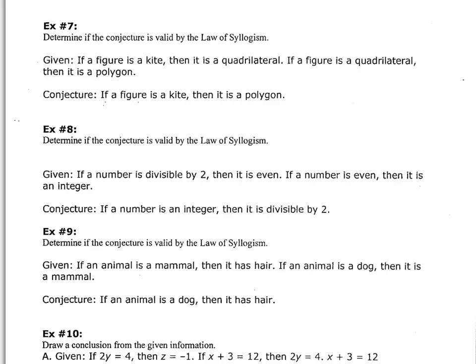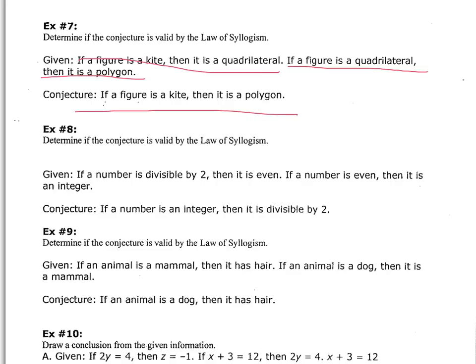All right, let's go through a couple of these and determine if they are valid or not. The first one says, if a figure is a kite, then it is a quadrilateral. If a figure is a quadrilateral, then it is a polygon. The conjecture is, if a figure is a kite, then it is a polygon.